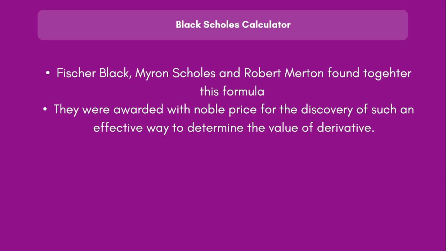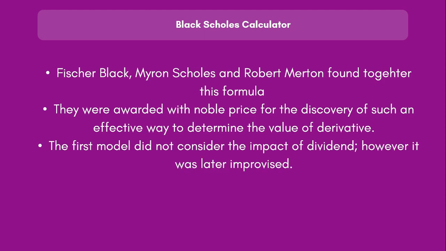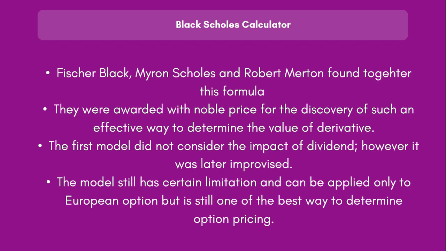However, when they first found this Black-Scholes calculator, they did not consider the dividend yield in it. However, in the later stage, as they improvised, they also considered the fact that dividend also impacts the stock price. This model has a certain limitation and can be only applied to European options, but it is still one of the best ways to determine option pricing.